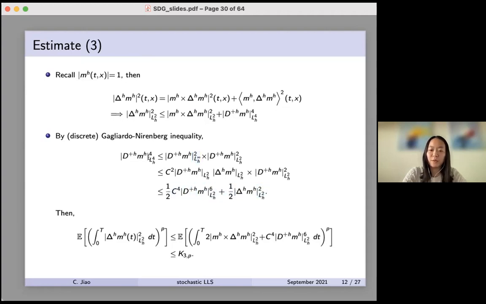So the L4 norm is less than or equal to a constant times the L2 norm of the discrete gradient to the power 6 plus half of the Laplacian LH2 norm.